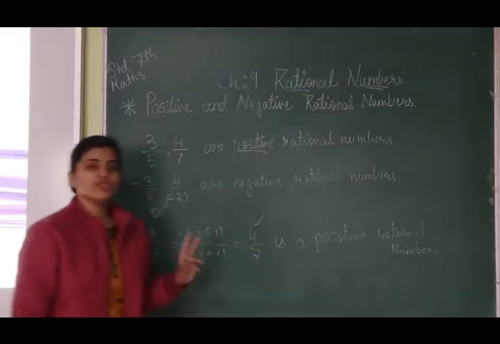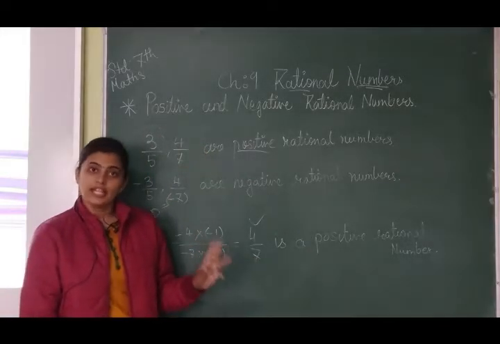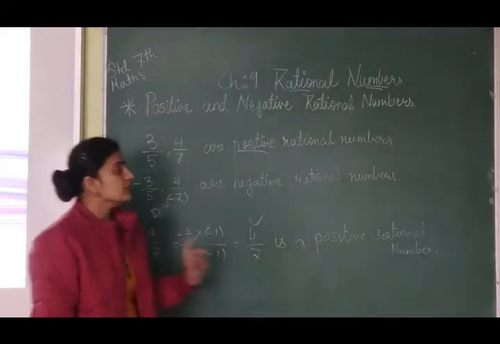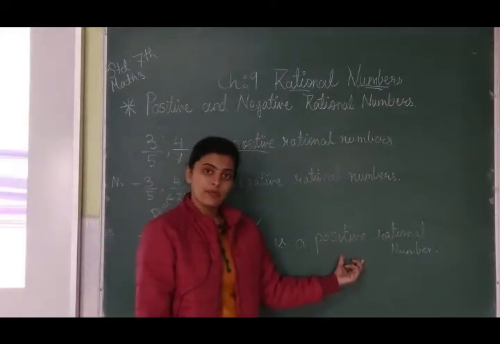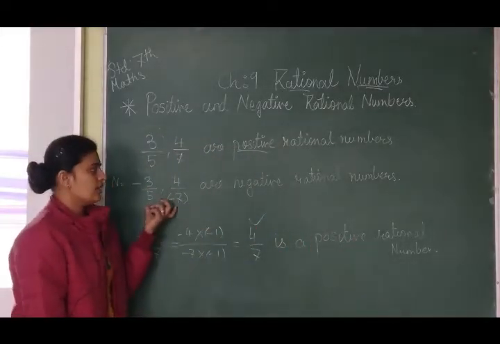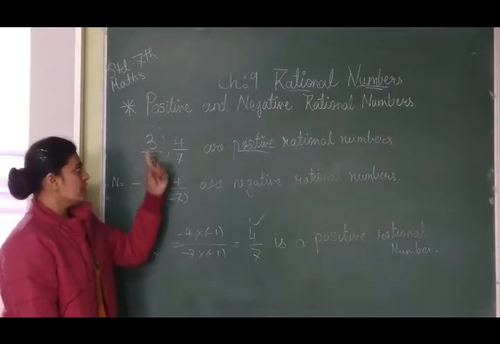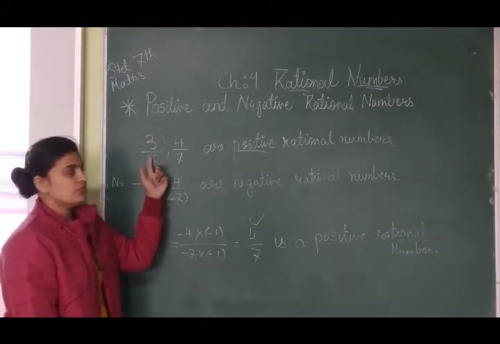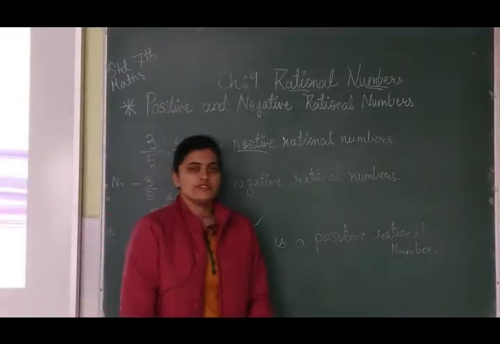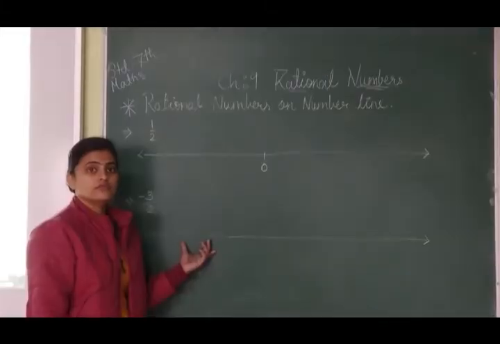So whenever both numerator and denominator are negative, then also the rational number is positive. And this you can find out very simply. If any one is negative, then they are negative. Both are positive, numerator and denominator, then they are positive rational numbers.